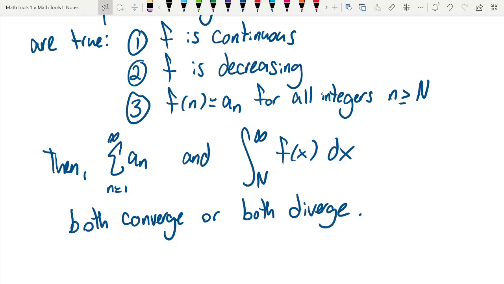Maybe not super surprising that they would behave similarly because, again, an integral is a type of sum, so these are both in a way infinite sums. Again, they're not the same because this one only goes over the integers and this one is going over all real numbers. That's reflected in the fact that just because they both converge, this does not imply that they are converging to the same number.